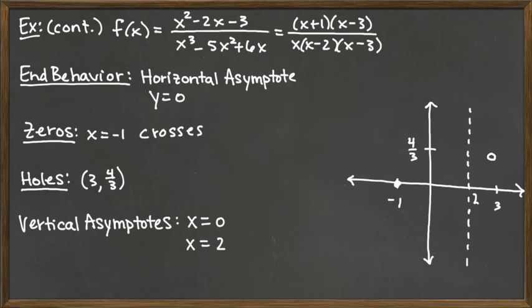And so that's going to tell me that I'm approaching my vertical asymptote on the right-hand side by going up to positive infinity. And then as I approach my horizontal asymptote, which is my x-axis, it's going to be approaching it from above.